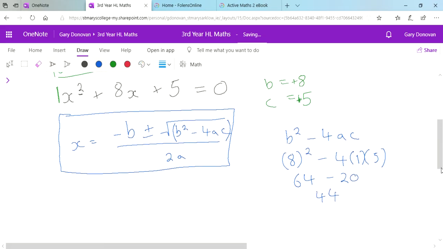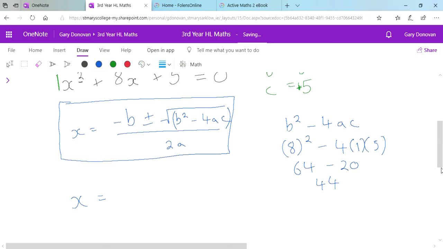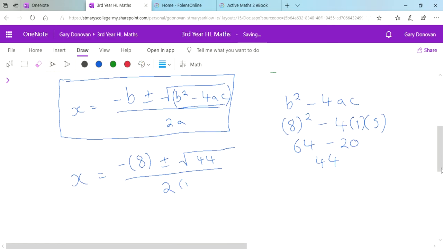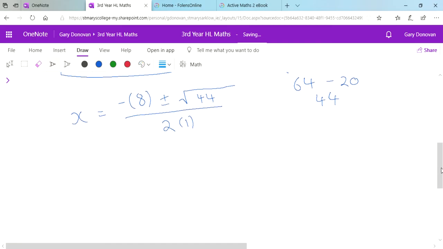Now let's plug in the rest of our values into our full equation. So we have x equals minus b. Now remember, don't forget the minus b, that's minus plus 8, which is just minus 8, plus or minus square root of, we've already figured out what this bit is at the side here, 44, all over 2 times a, and a was 1, so that's 2 times 1. Now this is where the plus or minus bit comes in.